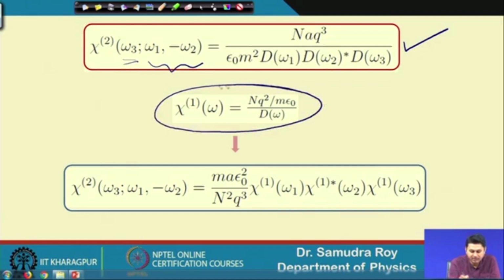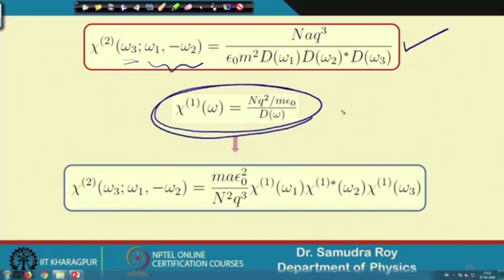This was already done when we learned the Lorentz model, the linear or classical theory of susceptibility, where we have chi 1 equal to n q square divided by m epsilon 0 d omega. This quantity d omega is also sitting here, in terms of d omega 1, d omega 2 and d omega 3. So, what we will do is replace this d in terms of chi 1. This is a very important step.